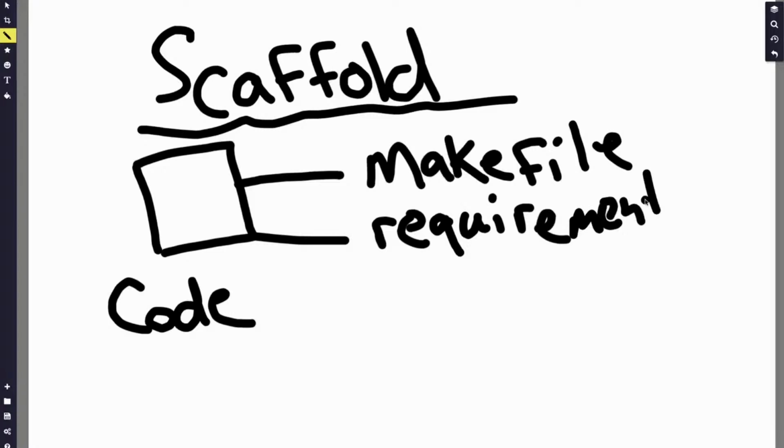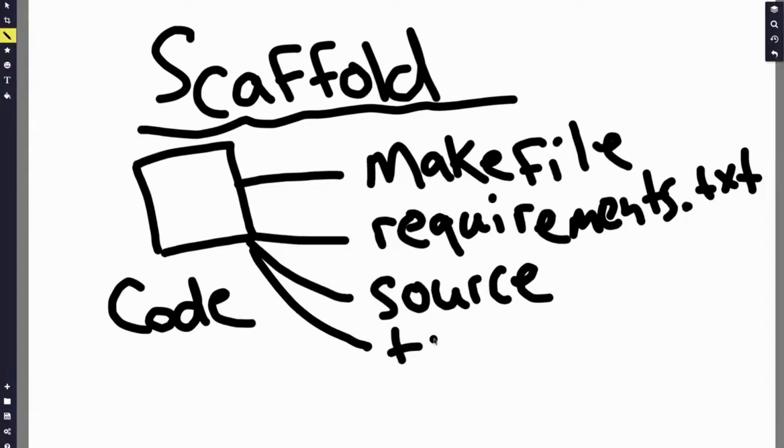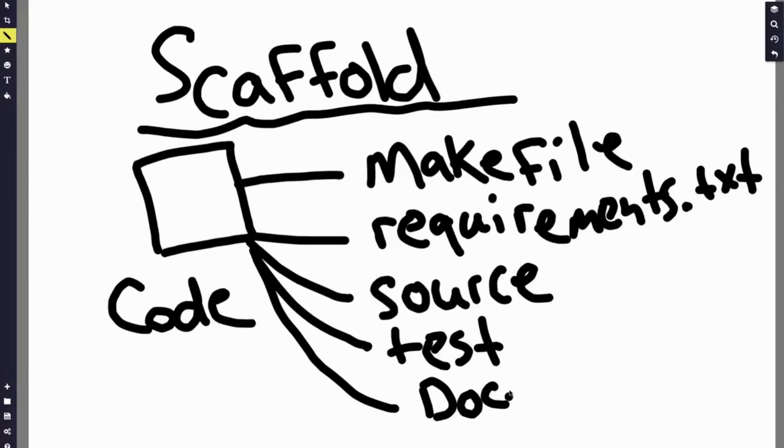This is a common convention in Python. It's not required. It's just a convention many people use. And then I would have my source code inside of here, and then potentially a test code as well, and then also a Dockerfile. That would probably be the structure that most modern DevOps projects would follow.